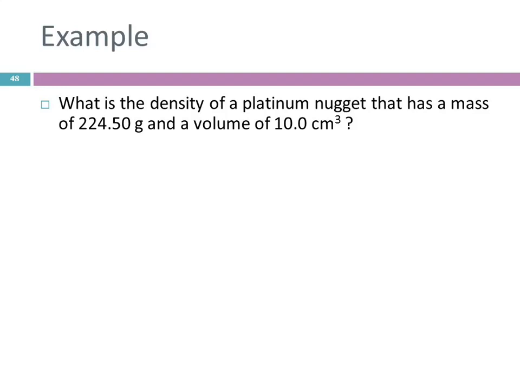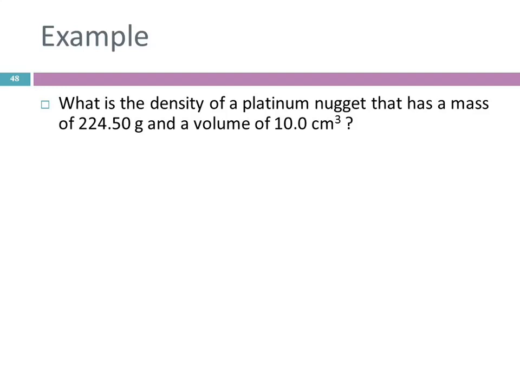So we can calculate density. Here we're asked, what is the density of a platinum nugget that has a mass of 224.50 grams and a volume of 10.0 cubic centimeters? And for a problem like this, you need to remember what that density equation is.